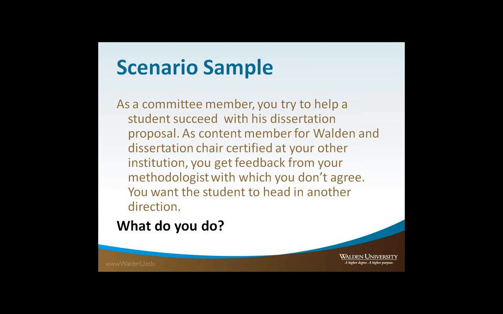And so all of the scenarios that you're going to see are real at Walden. These actually happened. Now, what we have done in a number of cases is that we have changed the program, we've changed the department, so that hopefully you're not going to be able to identify the person.